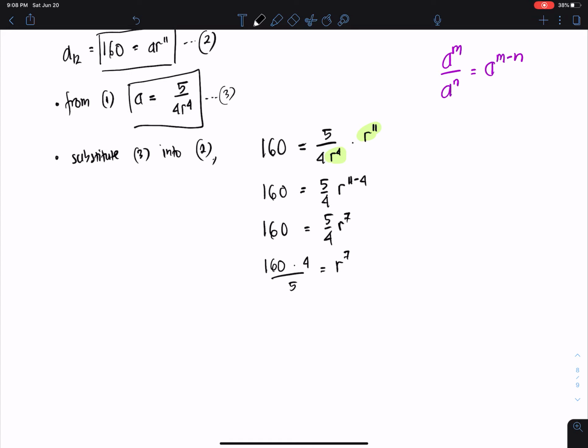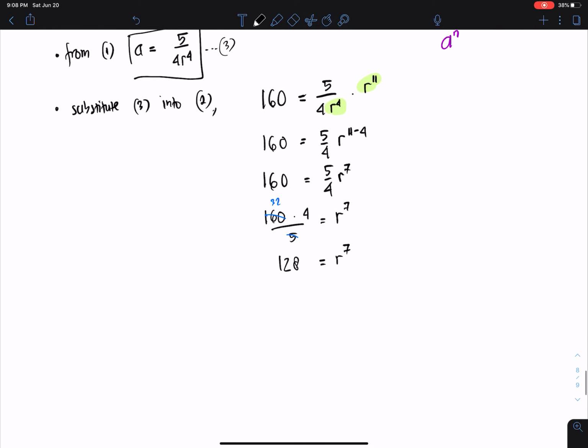If we solve this, 160 divided by 5, what number do we get? We get 32. So we multiply 32 by 4, we get 128, equal to r^7.